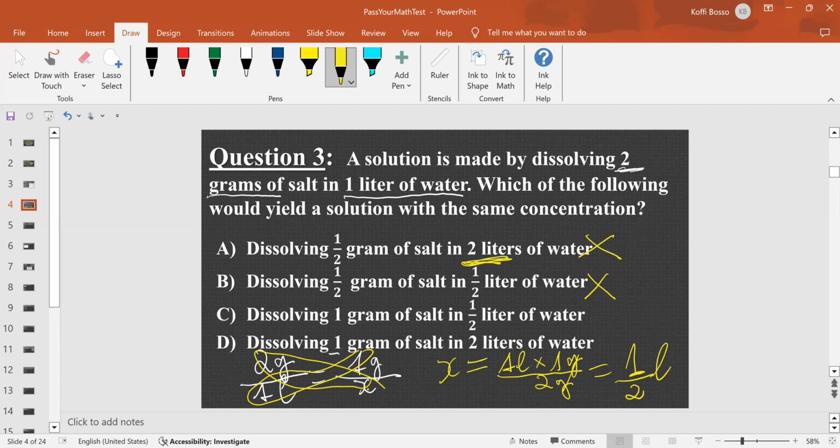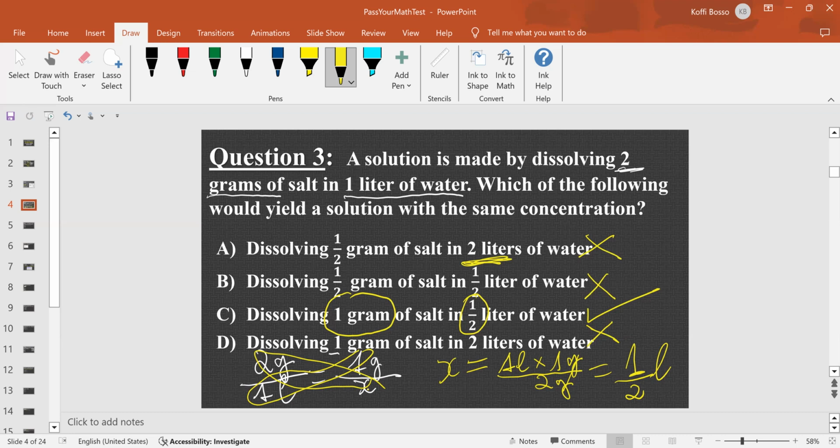So this is telling you that if you use 1 gram, you should get 1/2 liter, which is the case here. But the last one, they use the 1 gram and they say 2 liters. No, it cannot be like that. So in sum, to summarize, the problem is this. This is a proportion, right? 2 to 1.